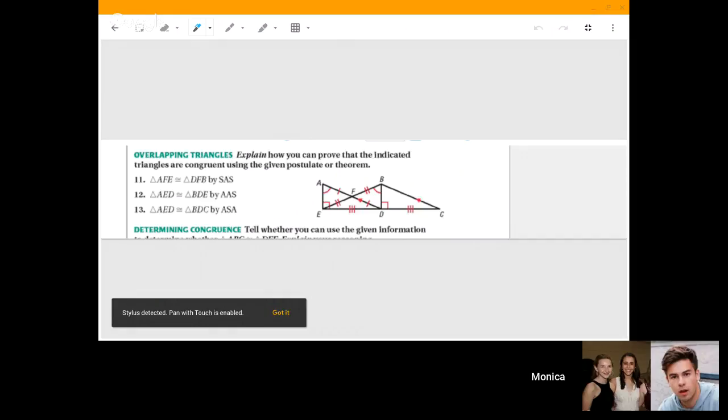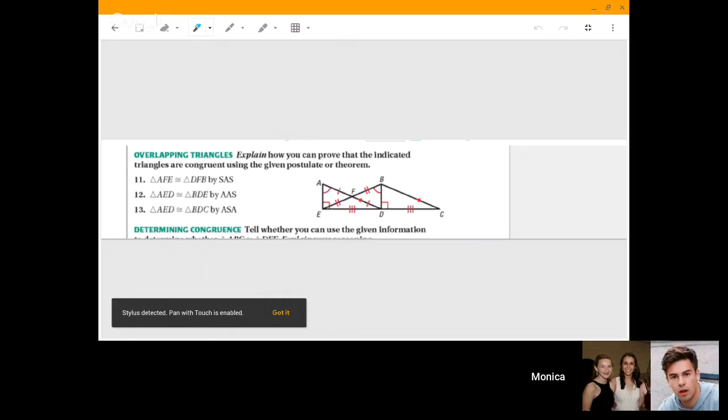Okay. So if we look at number 13, we're supposed to explain how you can prove that the indicated triangles are congruent using the given postulate or theorem. It wants us to prove triangle AED is congruent to triangle BDC using angle, side, angle.